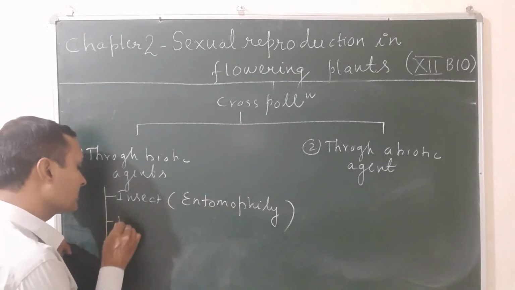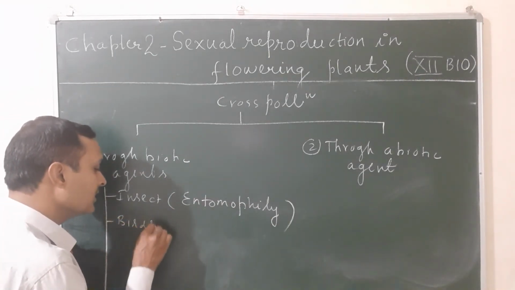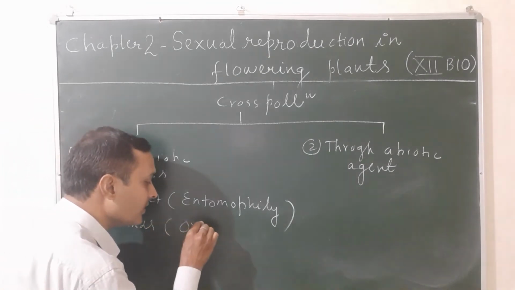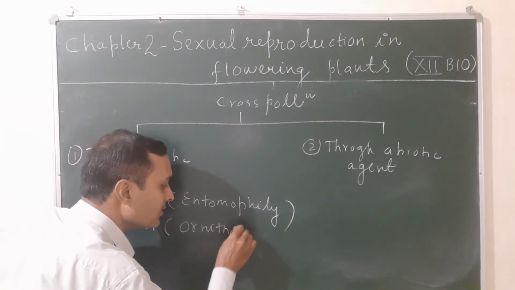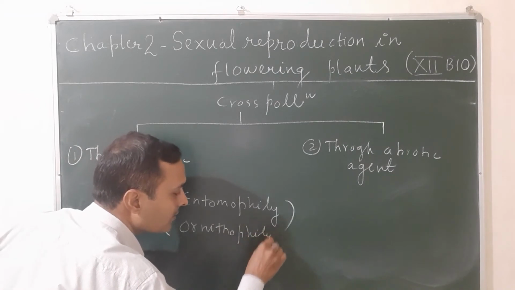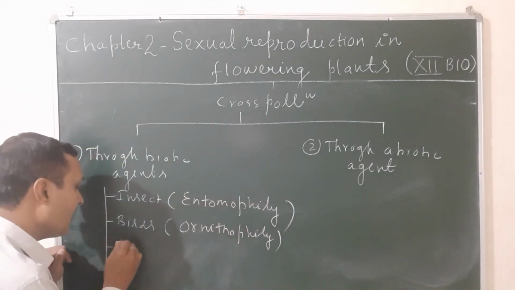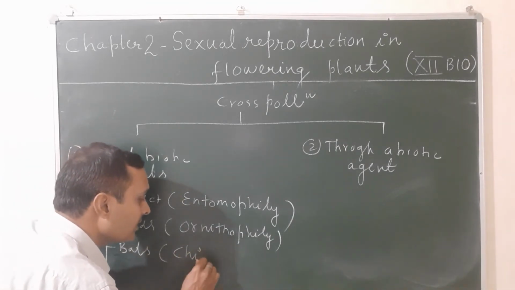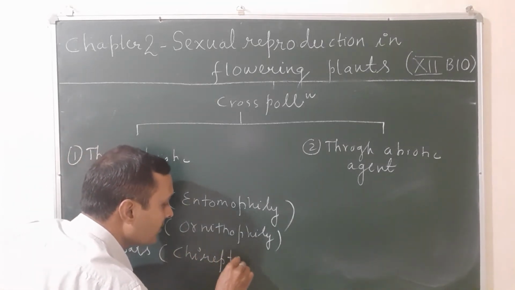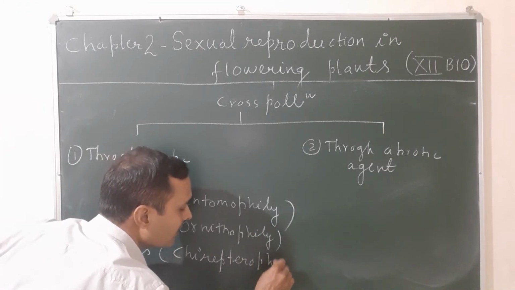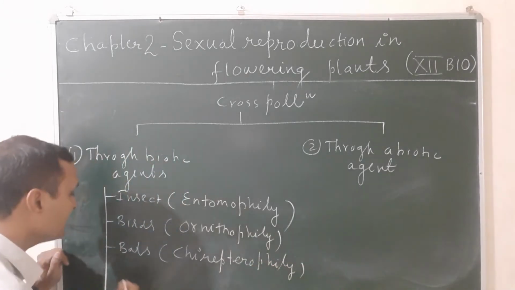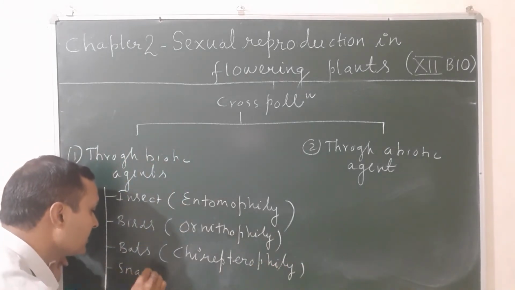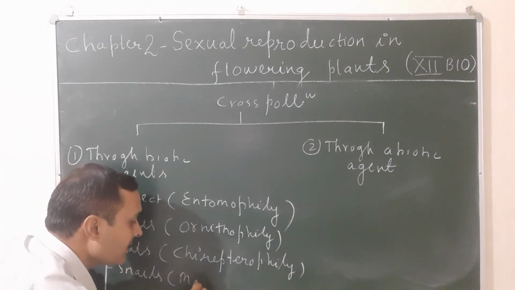When birds are involved, it is called ornithophily. When bats are involved, it is called chiropterophily. When snails are involved, it is called malacophily.